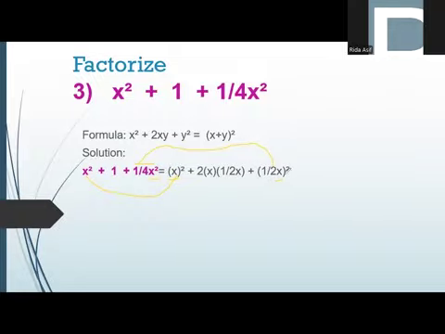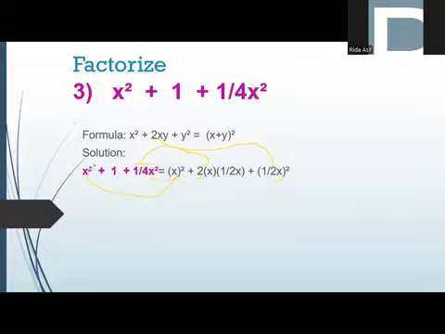So 1 upon 2x whole square is the square of 1 upon 4x square. So students, what about the middle term? From the formula we get 2, right? Where do we get this 2? From the formula, right? 2. What about x? Our x is x.